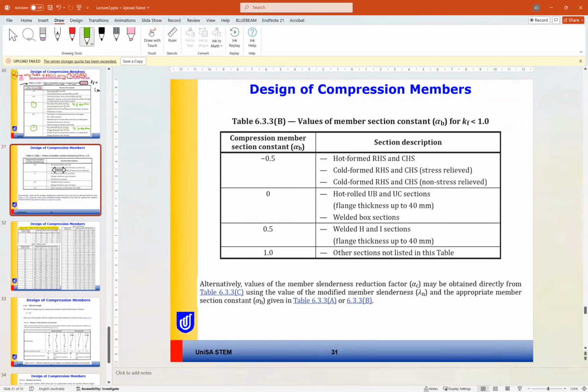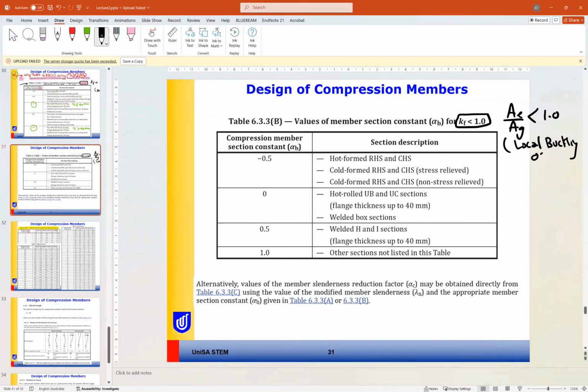If we find that KF is not 1, because in some cases AE over AG is less than 1, which means local buckling will occur, in this case you use table 6.3.3b to find alpha b, based again on the section type.